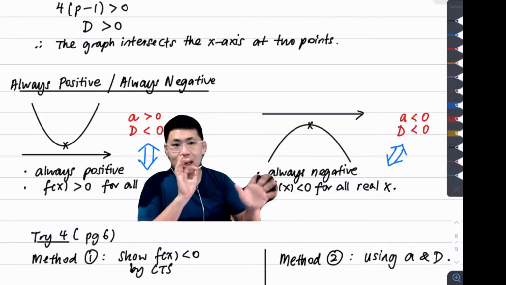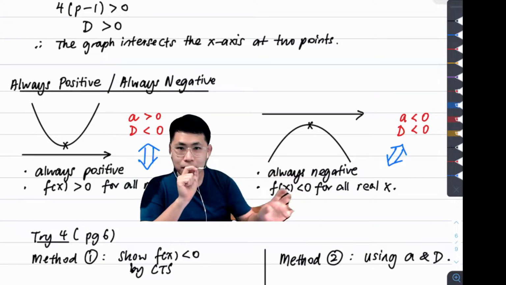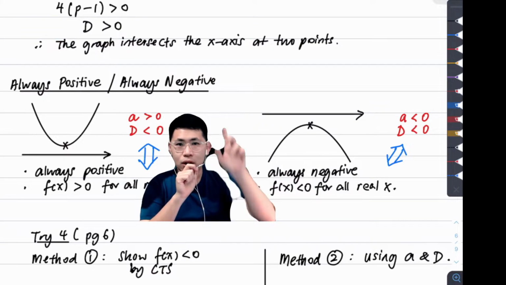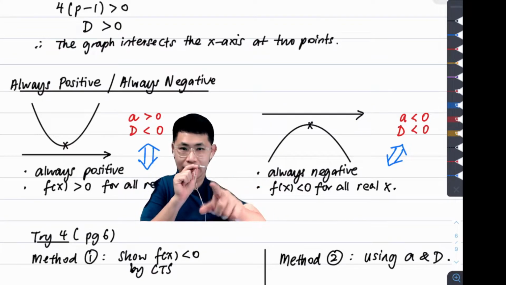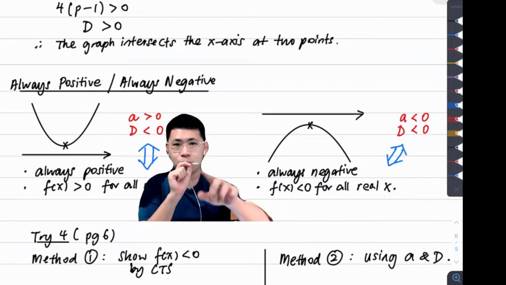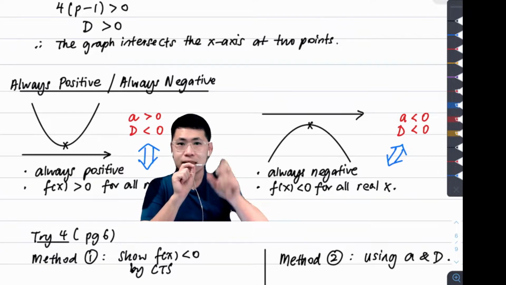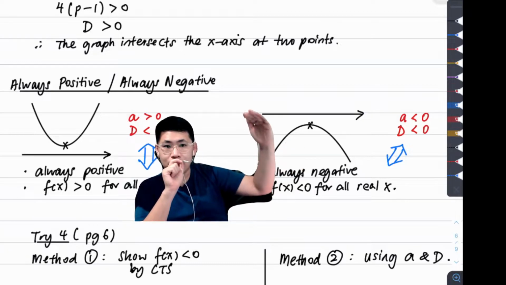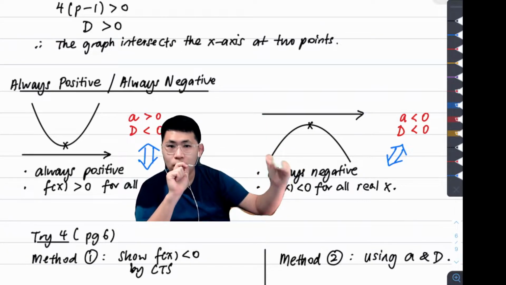So what are the conditions that will cause this to happen? Two conditions. The first one, a is less than 0. When the coefficient of x squared, a, is less than 0, it will be a negative graph. It is a maximum graph. So over here you have a maximum point, and the maximum point lies below the x-axis.